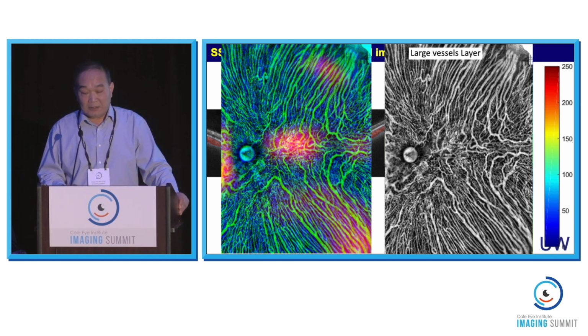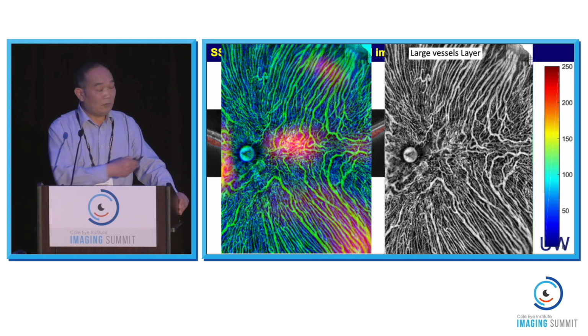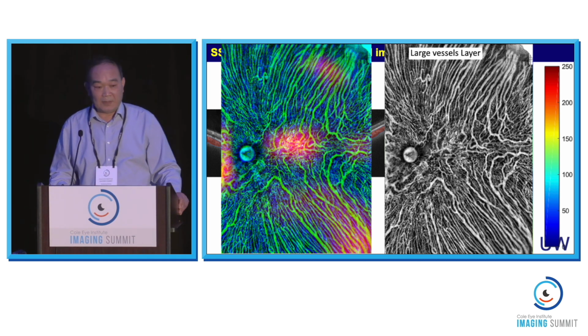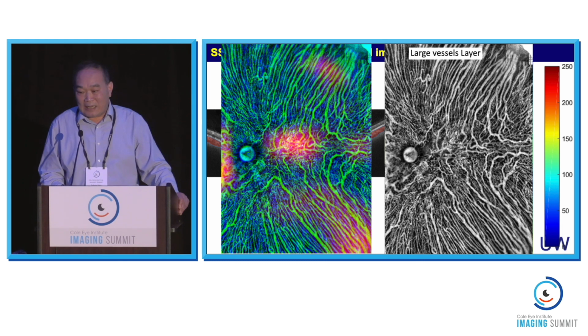You can combine these three together to form this four-color image, which gives you information to correlate the thickness with the vessels. I don't know how important this is in the clinic, but that's important for publications, right?